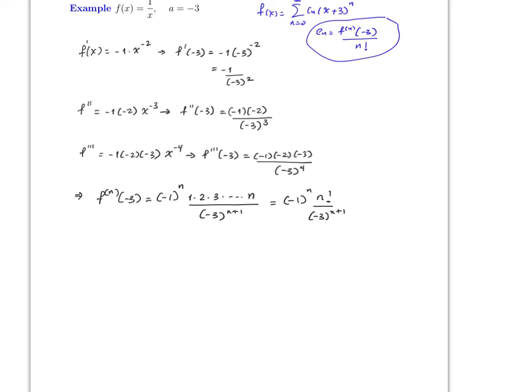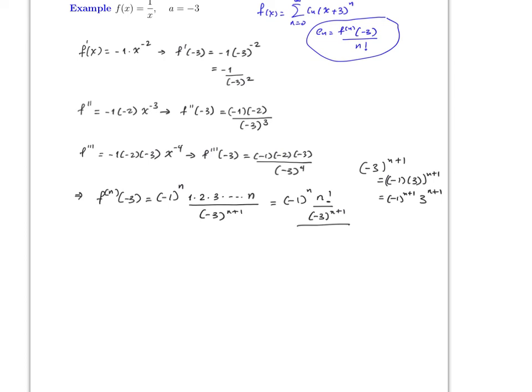Which you can also write, minus 3 to the n plus 1 as negative 1 times 3 to the n plus 1, so it will be minus 1 to the n plus 1, and then 3 to the n plus 1. But let's leave it like this for now.